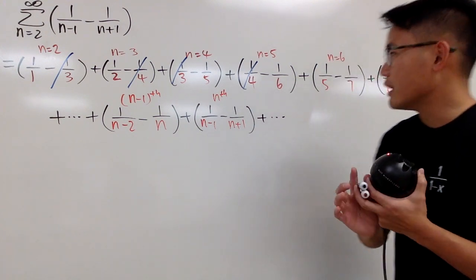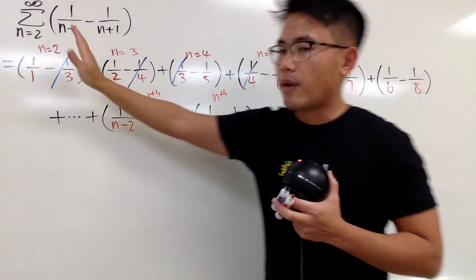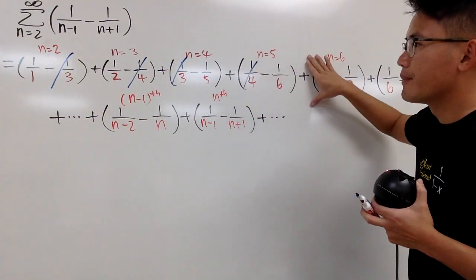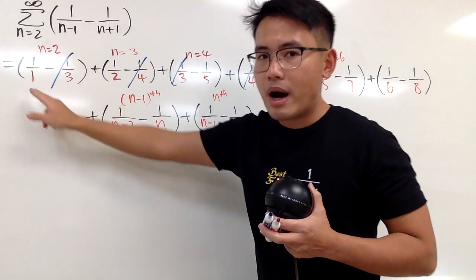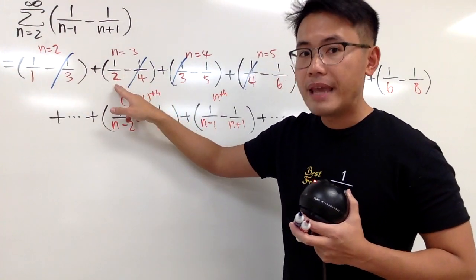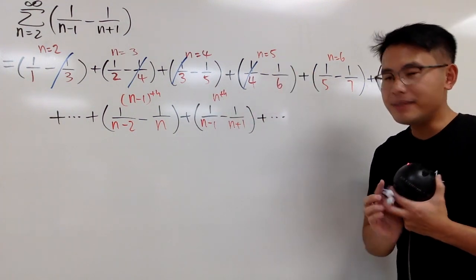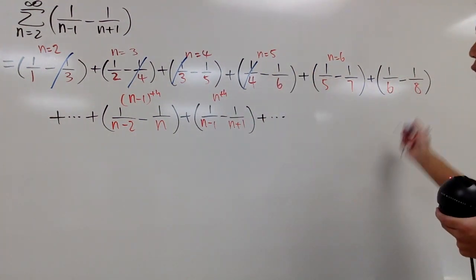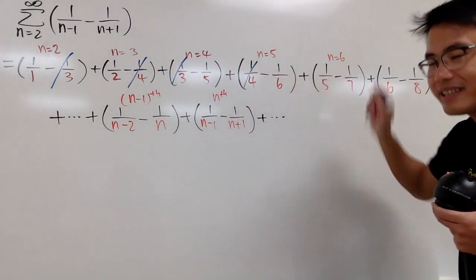And now if I just say this is for n going from 2 to 5, how many terms do we have in the front? Well, positive 1 over 1 plus 1 over 2, and then minus 1 over 5, and then minus 1 over 6, right? And notice, if you keep on going, let me say I want to go from n equals 2 to 6.